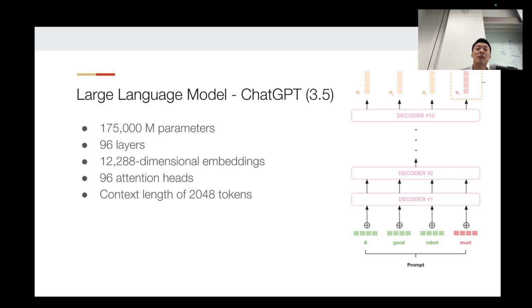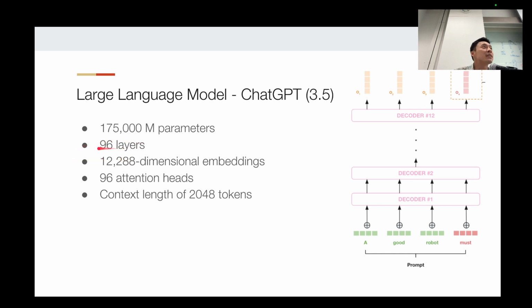Now that we've learned quite a bit about the transformer architecture, GPT-3.5 or ChatGPT has this many parameters, 175 billion parameters, so it's too large to be run on any consumer grade computer. So it has to be something expensive. And it has 96 layers.